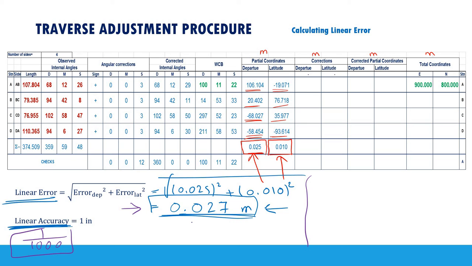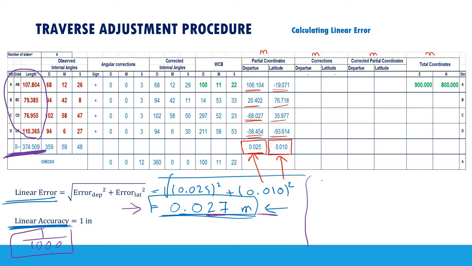This number, 0.027, means that when we measured these four distances, whose summation is 374.509, we made an error of 27.